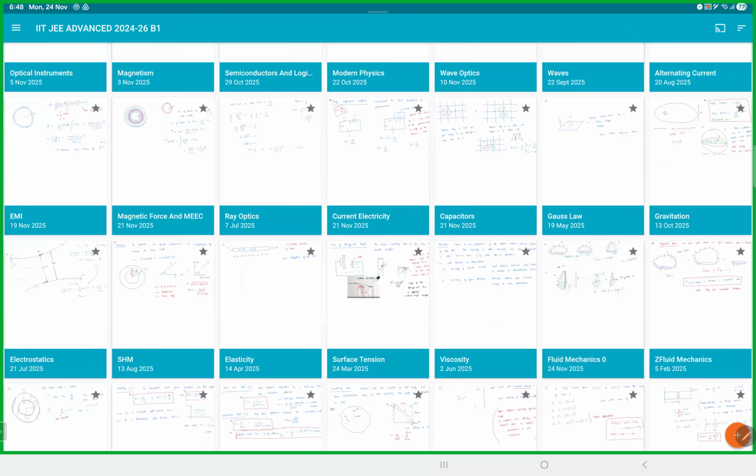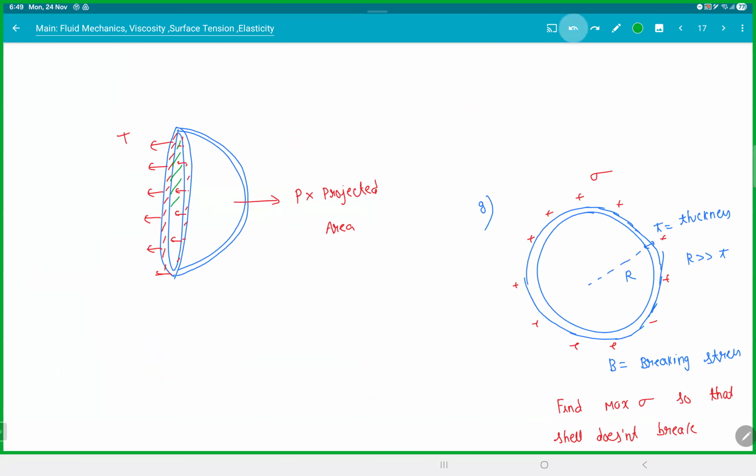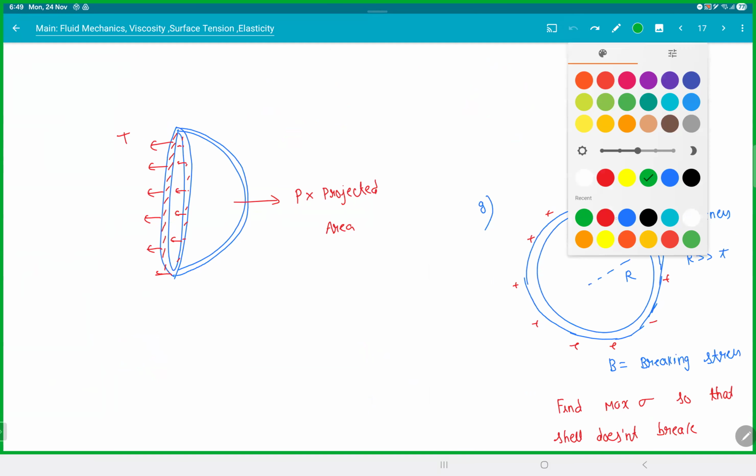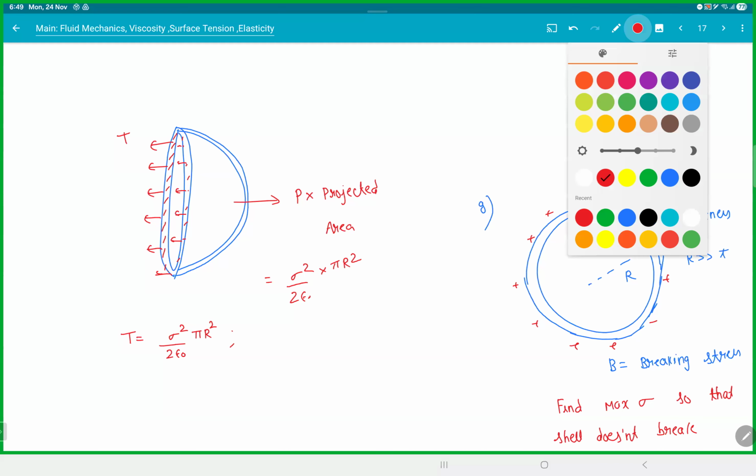So here our projected area will be this pi r square thing here, this green shaded thing. What's the pressure? Sigma square by 2 epsilon. And what is the area? Pi r square. From here you got the tension. What is the breaking stress?